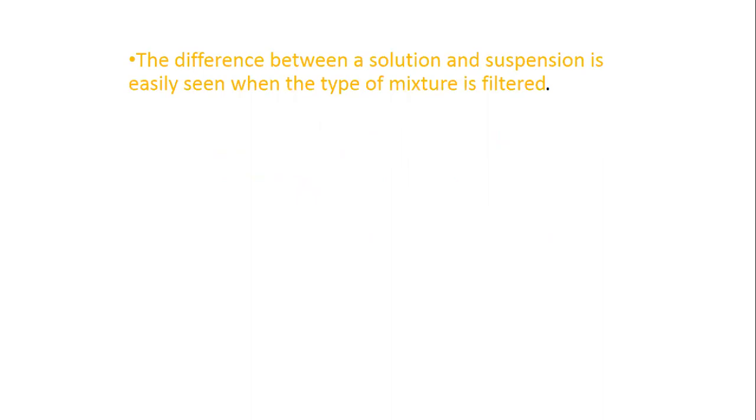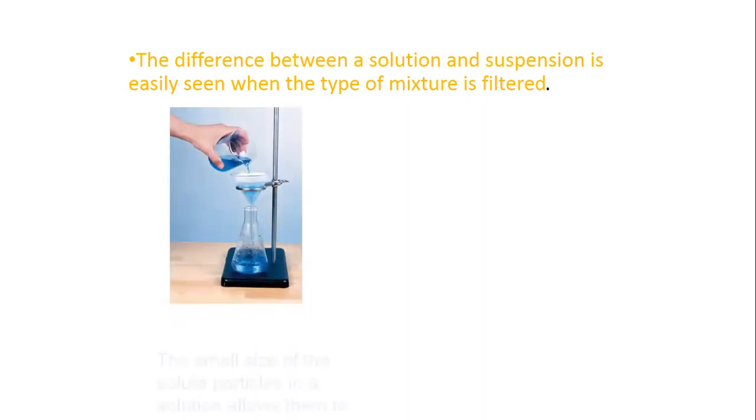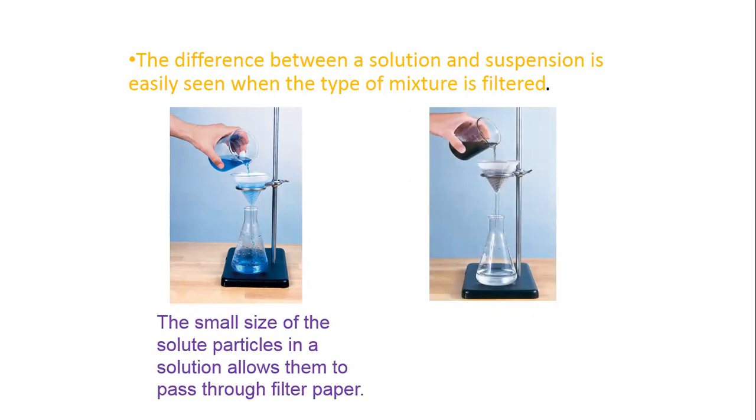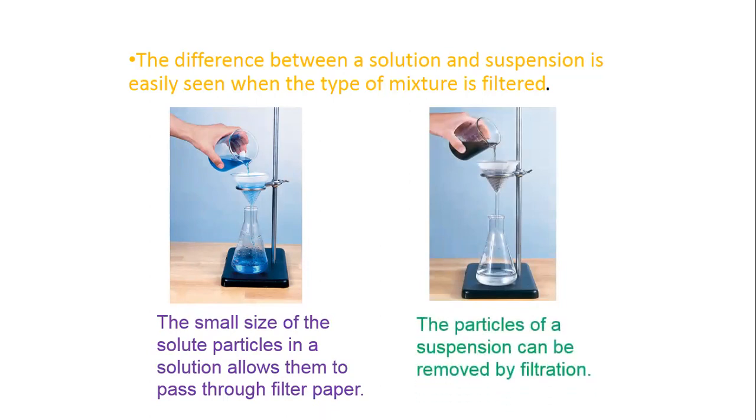The difference between a solution and a suspension is easily seen when the mixture is filtered. Look at the filtration. The small size of the solute particles in a solution allows them to pass through filter paper. This is the solution. While in the case of a suspension, the particles can be removed by filtration.